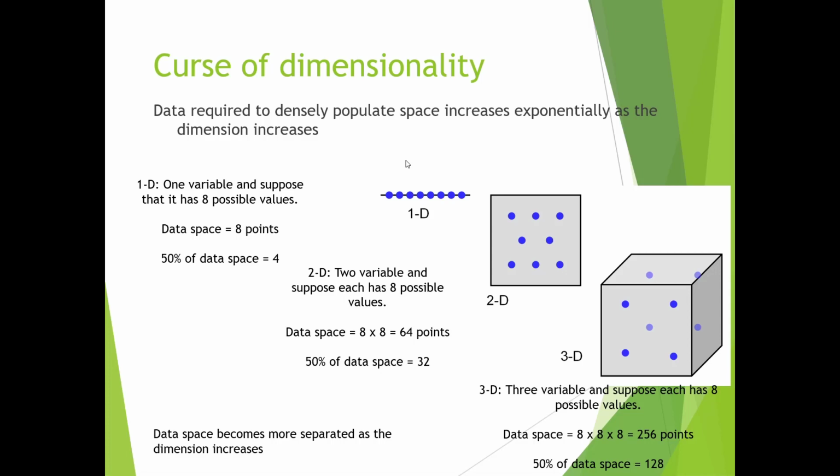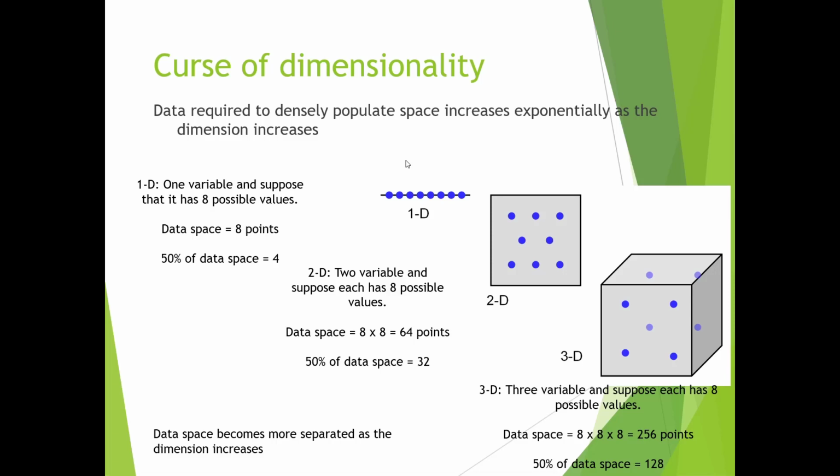Now, if you add another variable, and for the sake of discussion, let's say that also has only 8 possible values. Usually there will be many more possible values, but for our purpose, let's say there are only 8. So there are totally 64 unique combinations, 8 times 8.